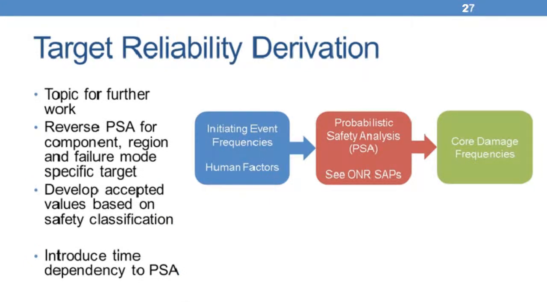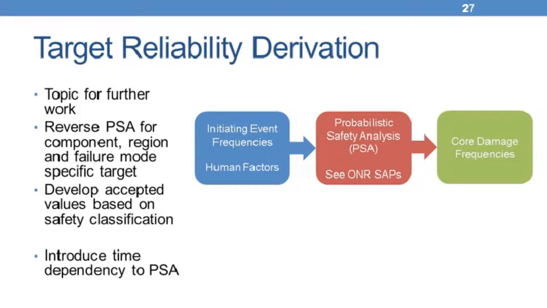So I mentioned earlier that application of structural reliability analysis assumes that you have some knowledge of what the actual target reliability is. And again, this is a fundamental topic in its own right and requires further work, although I'll make a couple of comments now as to the sort of things that can be done and that are currently being developed.